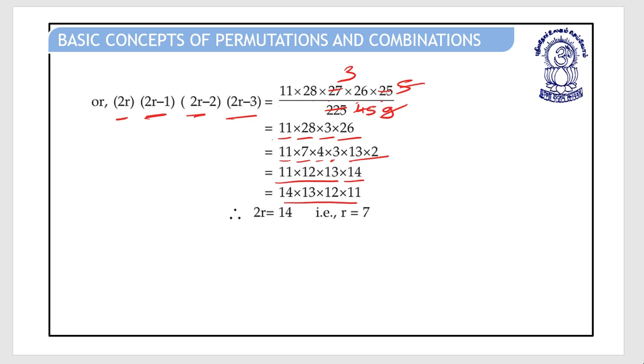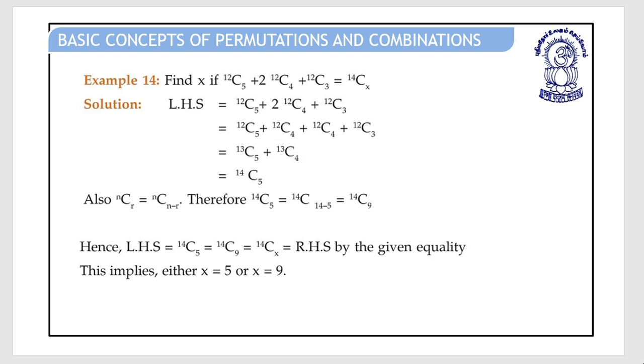So 14 into 13 into 12 into 11. So 2r is equal to 14, 2r minus 1 is equal to 13, 2r minus 2 is equal to 12, and 2r minus 3 is equal to 11. So 2r is equal to 14, so r is equal to 14 by 2, which is 7. r is equal to 7.